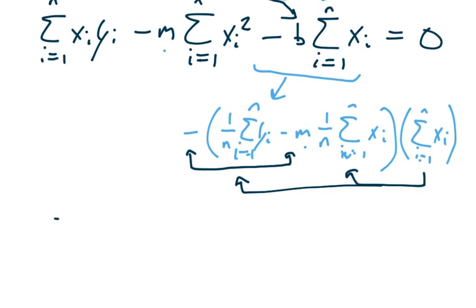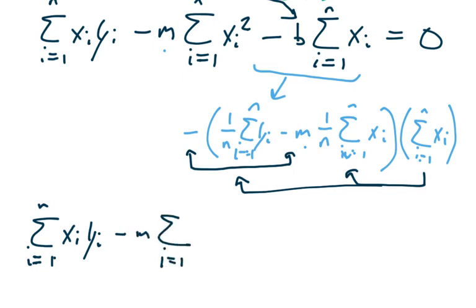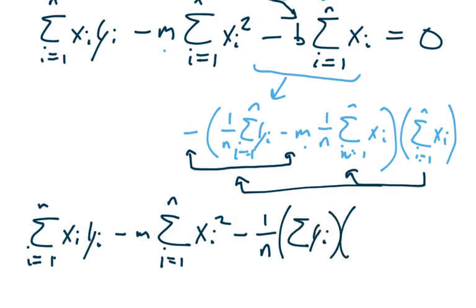So we've got the sum from 1 to n of xi yi minus m times the sum of the xi squared. And now I've got minus 1 over n, and here I've got the sum of my y's times the sum of my x's.